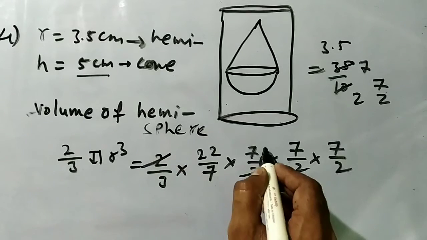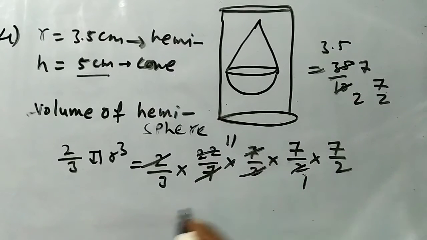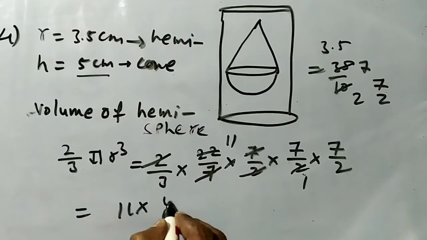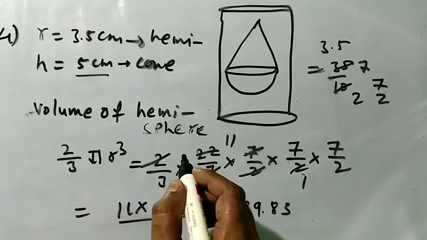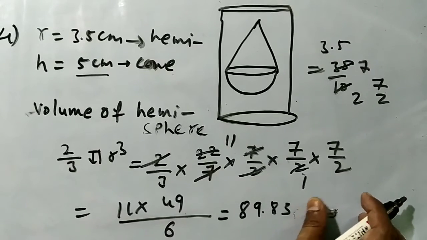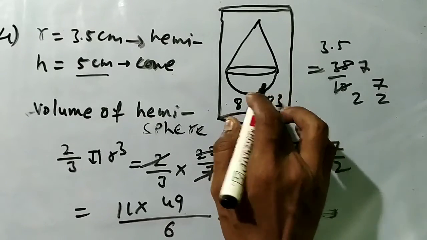Here 2 gets cancelled, 7 gets cancelled, and we get 11 into 49 by 6. If you simplify this, you will get 89.83. This is the volume of the hemisphere, 89.83. Let's write it here.